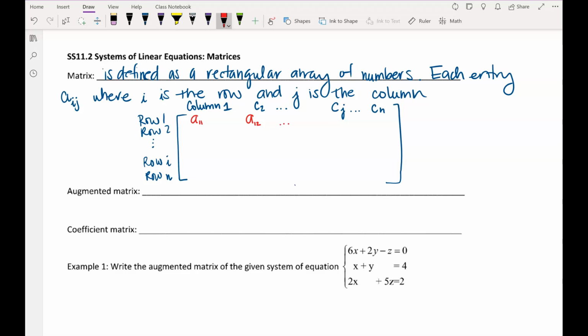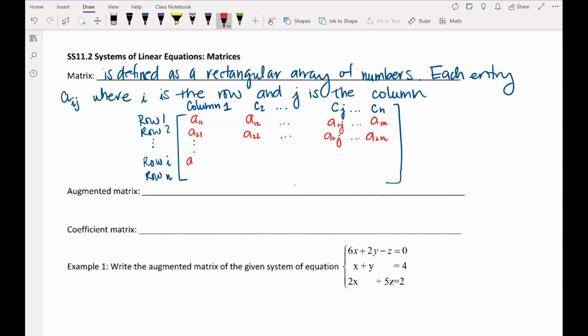Skip a few, A1J, and A1N. So the number, the subscript 1, and you have another number, so that's going to be the column. Now row 2, column 1, that's A21, A22 represents row 2, column 2, A2J, A2N, okay? And we're going to skip a few down here.